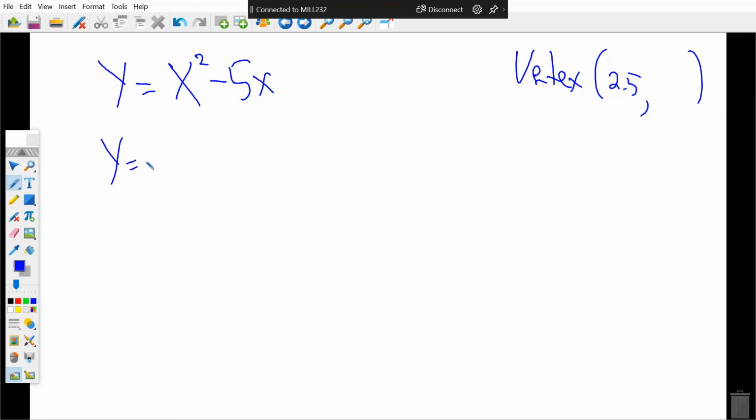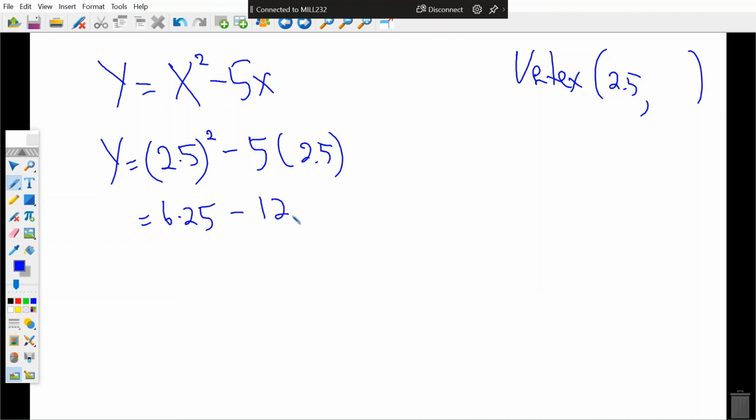So we plug in 2.5 for both my x's. 2.5 squared is 6.25, and 5 times 2.5 is 12.5. So I have 6.25 minus 12.5. And I get negative 6.25. So that means my vertex is, the x value is 2.5. The y value is negative 6.25.